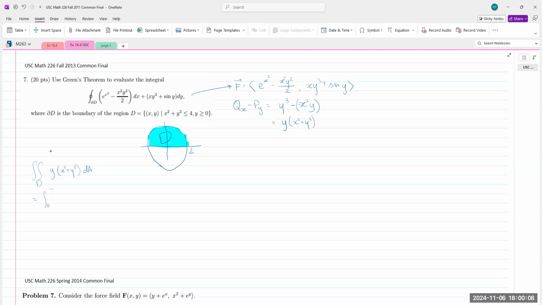Integral from 0 to pi, because it's half disk, integral from 0 to 2. Okay, the y will be r sine theta. x squared plus y squared is r squared. dA becomes r dr d theta. It's separable, integral from 0 to pi of sine theta d theta times integral from 0 to 2 of r to the fourth dr.